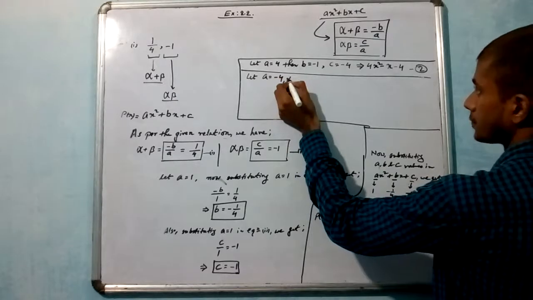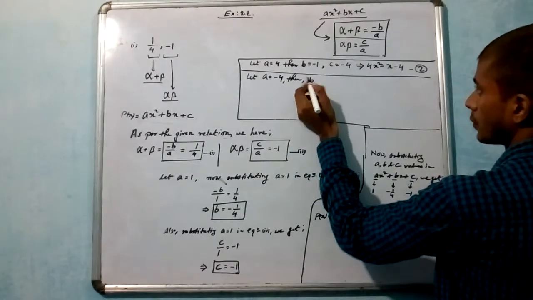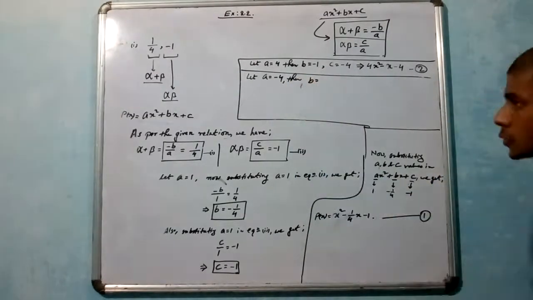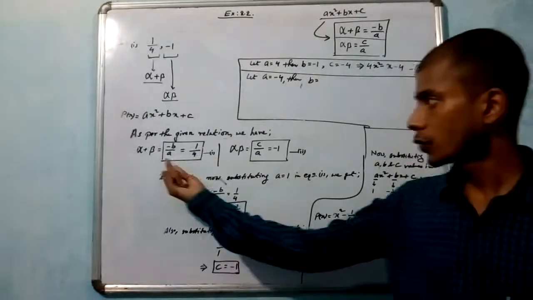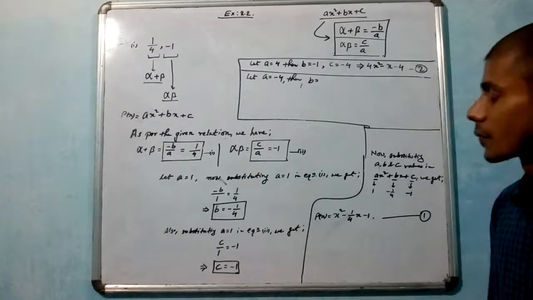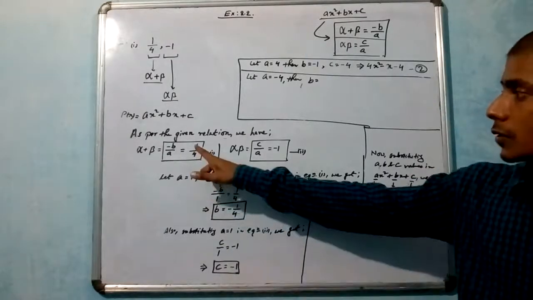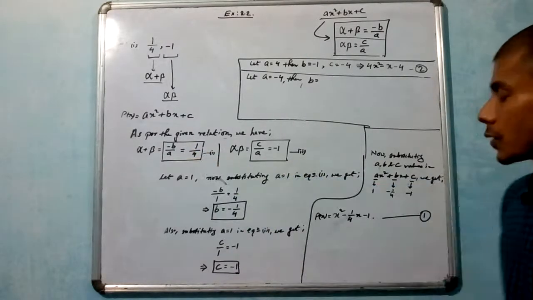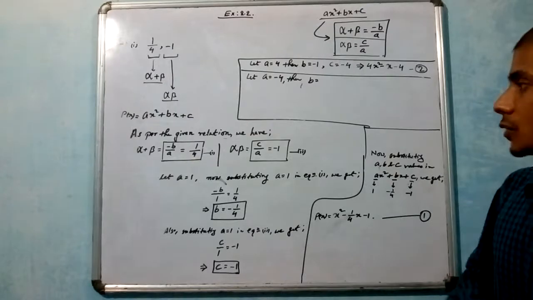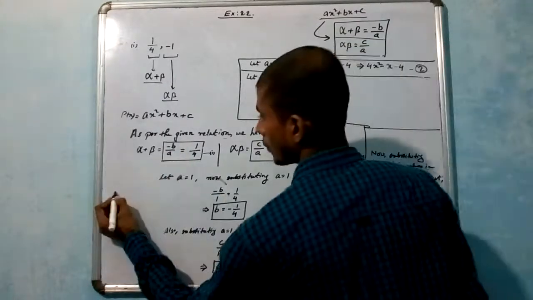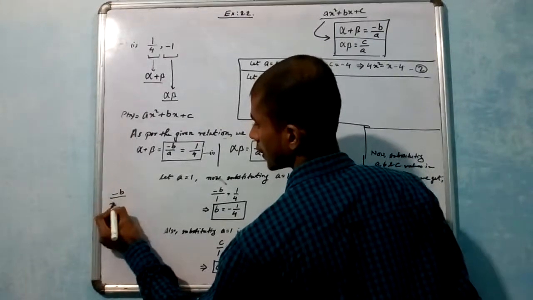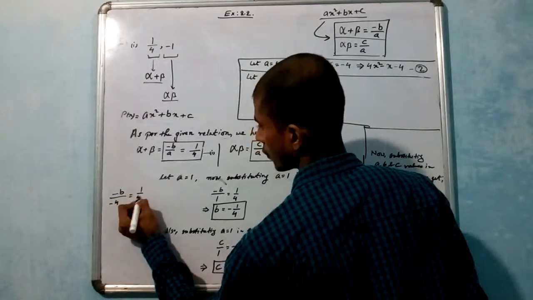Minus 4, then what will be b? Substitute here. a is minus 4, then what will be b? Minus 4 will come this side. See, minus b by minus 4 is equal to 1 by 4.